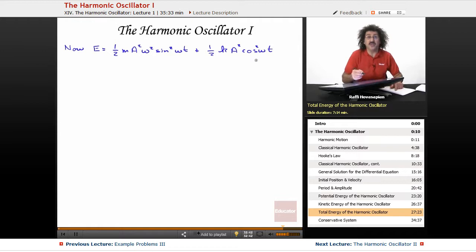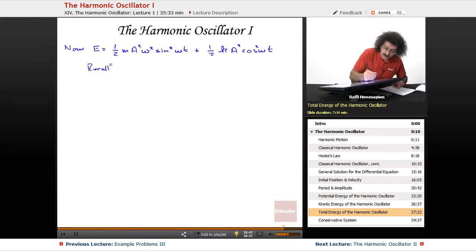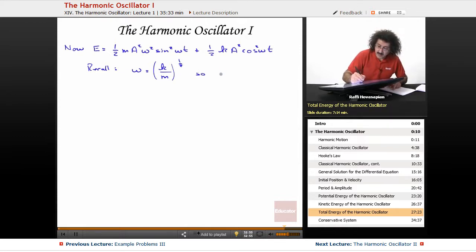So kinetic energy plus potential energy. Now recall that omega squared is equal to K over m.